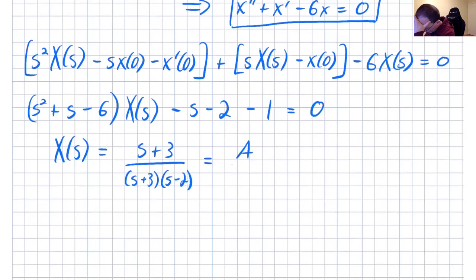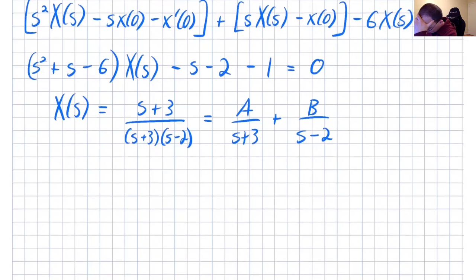And we'll do partial fractions. Okay. So multiply both sides by the denominator, and we get this.